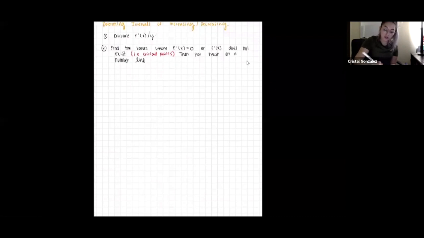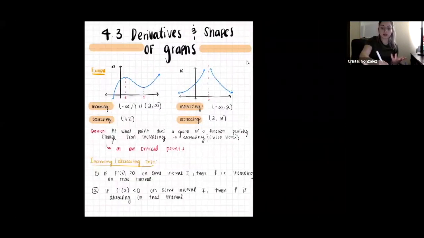And then our third step, and then we also have to account for the critical points, the points where our function is not defined. So remember that a function is differentiable if it's continuous at that point. So if we look back here at this example, this is considered a critical point because we can't take the derivative at 2. It doesn't exist there. There's nothing that we can do there to take a derivative because the function is undefined.